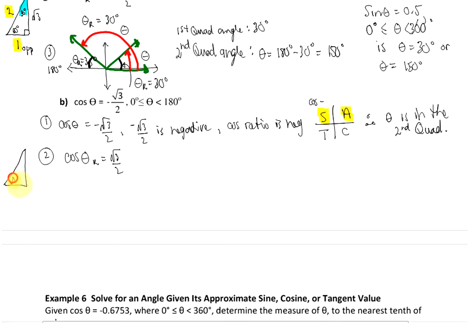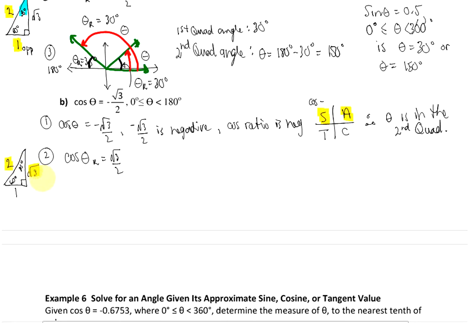Here we have 60, 30, 90. Okay, so here's our 30, 60, 90 triangle. Side opposite the 30 is 1, side opposite the 60 is root 3, and the side opposite the right angle, the hypotenuse, is 2. I know that cos of theta is adjacent over hypotenuse, and my root 3 needs to be the adjacent side.